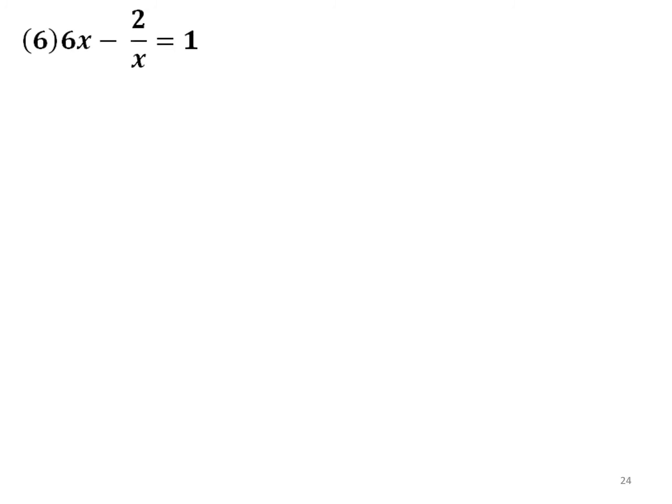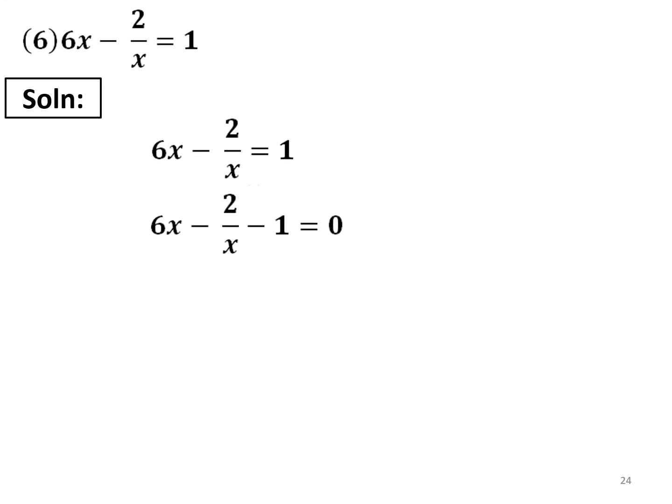Sixth question. 6x − 2/x = 1. First we will take the right hand side term to the left hand side. So it is 6x − 2/x − 1 = 0.